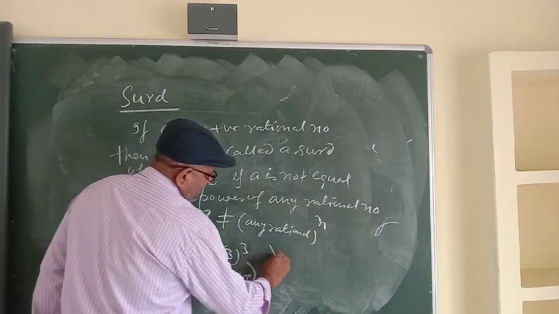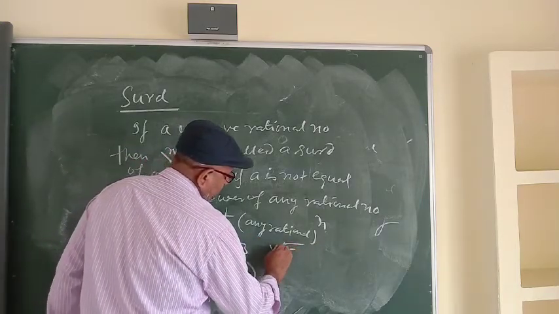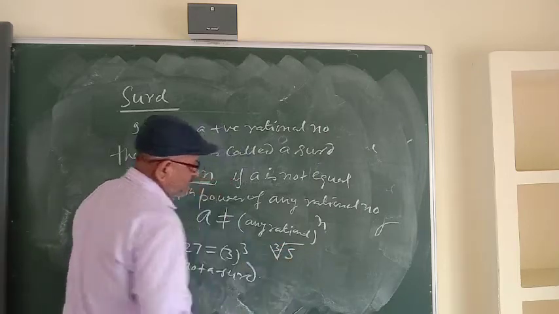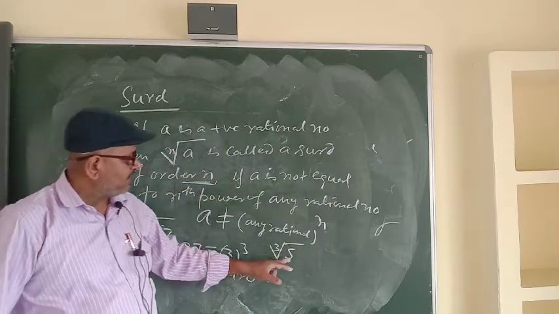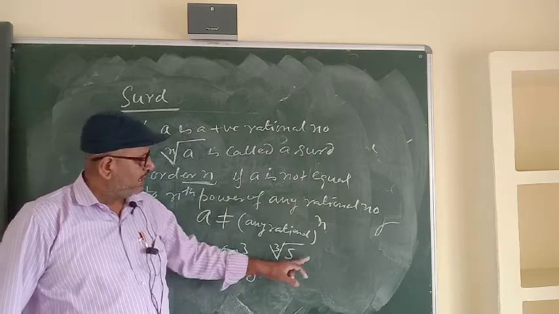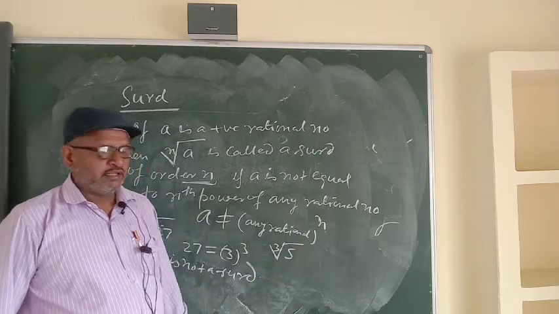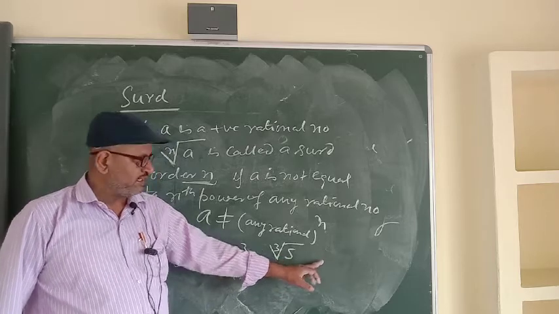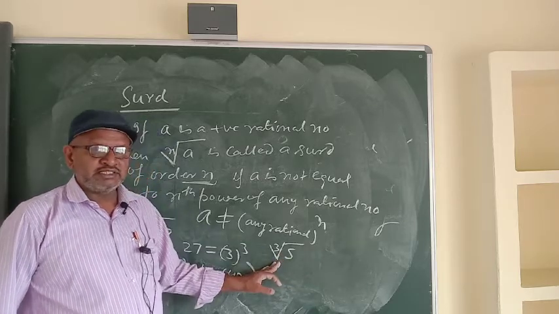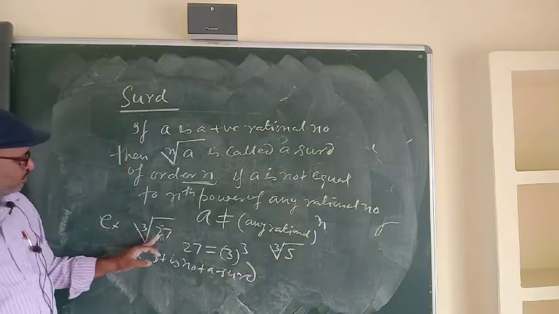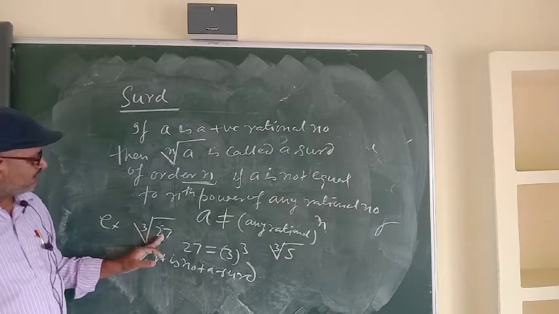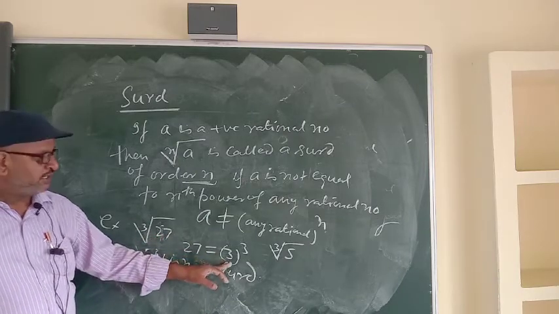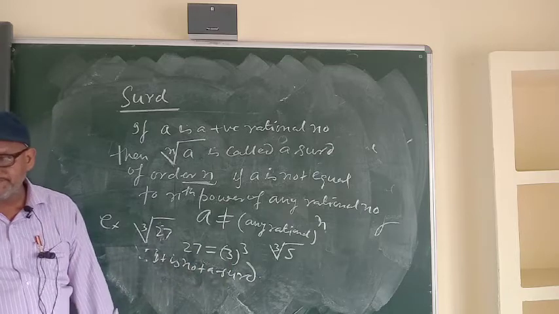We can write cube root of 5. It is a surd because we cannot write 5 as a cube of any rational number. That's why it is a surd. But here, the cube root of 27, we can write 27 as the cube of 3, so it is not a surd.